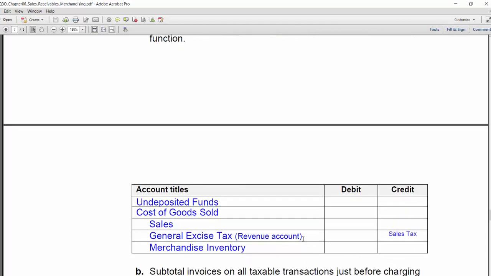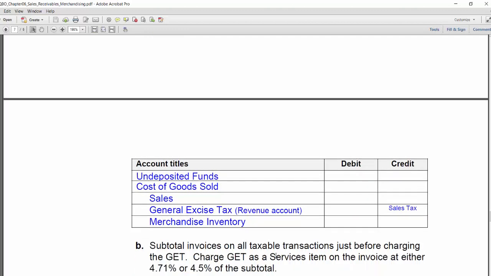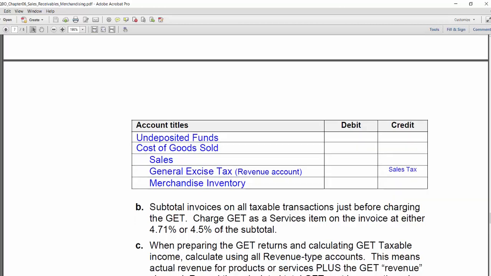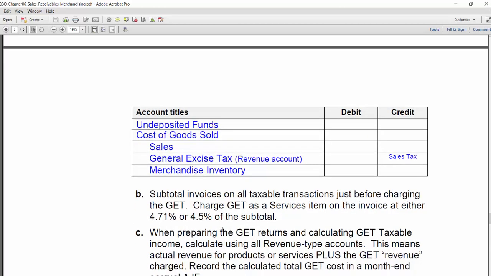Then when the sales tax is calculated, it would be based on sales and the General Excise Tax, like the combined total. So to get this to work, you have to subtotal your invoice just before you do the General Excise Tax, and then charge it at whatever rate you want to charge it. And when you prepare the General Excise Tax returns and calculate your General Excise taxable income, you have to use all of your revenue type accounts.